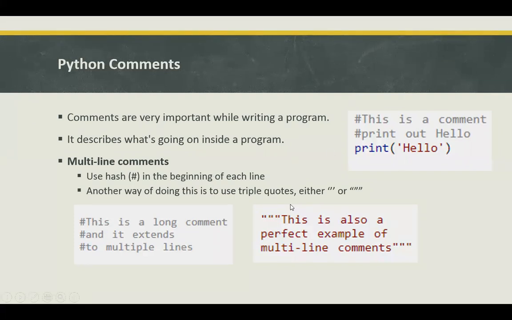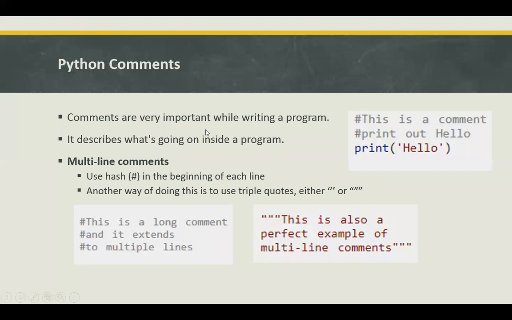Similarly, in Python, we use a hash at the beginning of each line. Suppose you want to comment a single line, we use a hash. And if you want to comment multiple lines, we can use either a single quote or double quote.